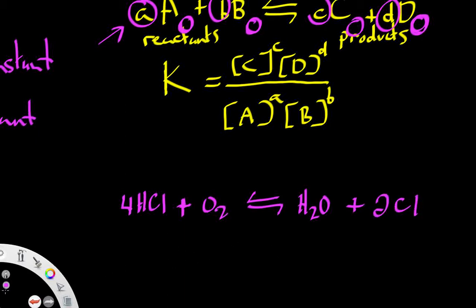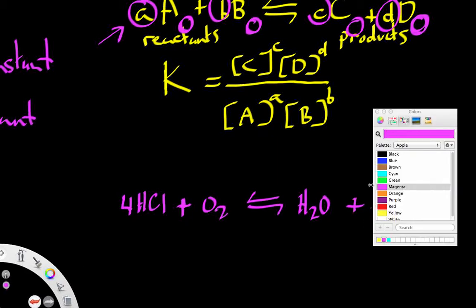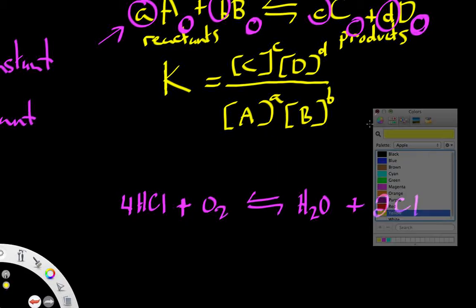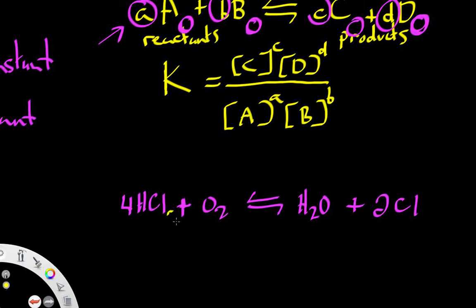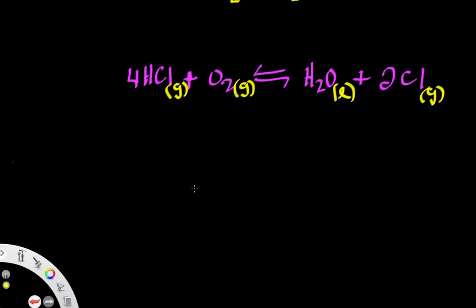Now let's add our states of matter, our phases that we are in, and we can do so by, we'll call this a gas, a gas, and we'll make this a pure liquid, and we'll call chlorine a gas as well. So now let's translate this information and put it into an equilibrium expression.